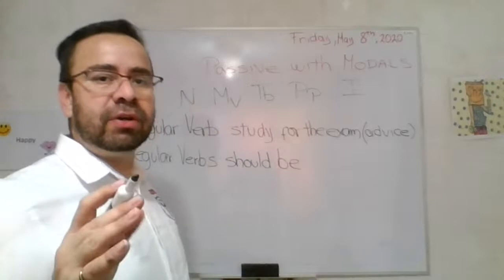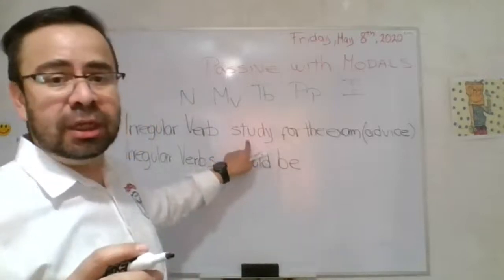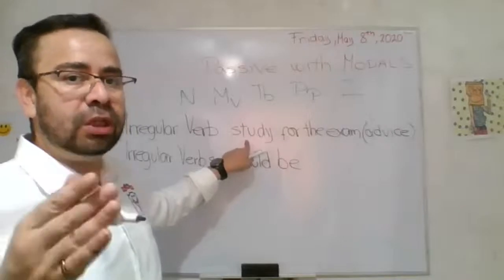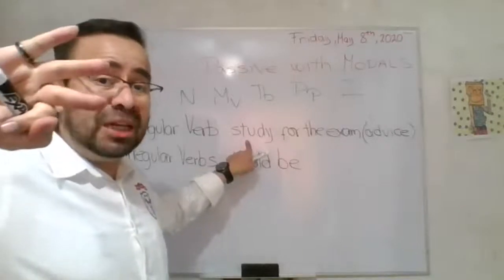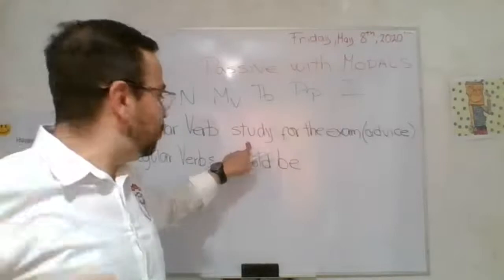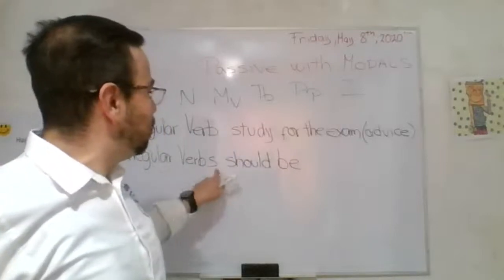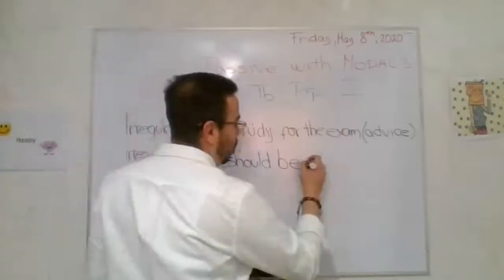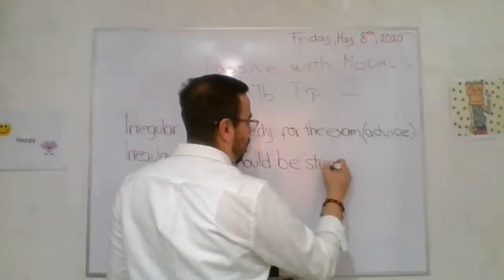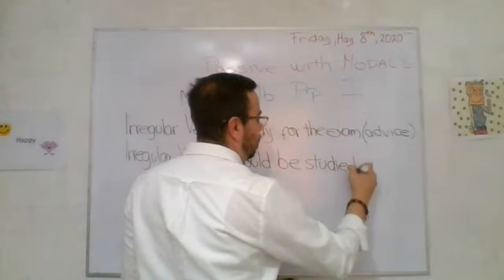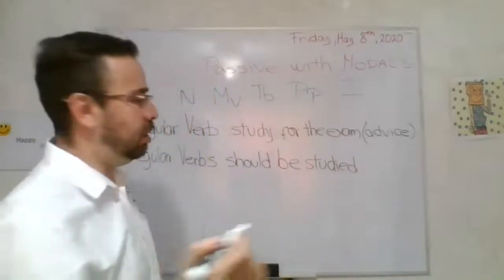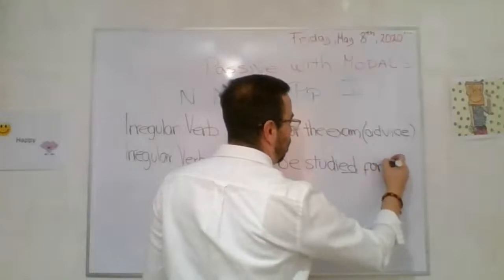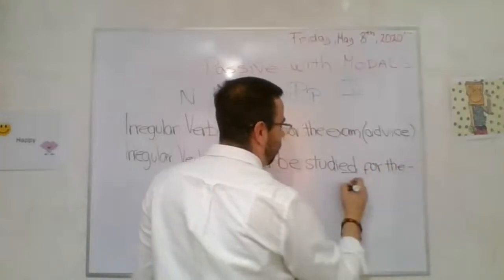Here we have the verb study, but the study is in present. We need to change it into past participle. Irregular verbs should be studied. Study is a regular verb, so studied for the exam.